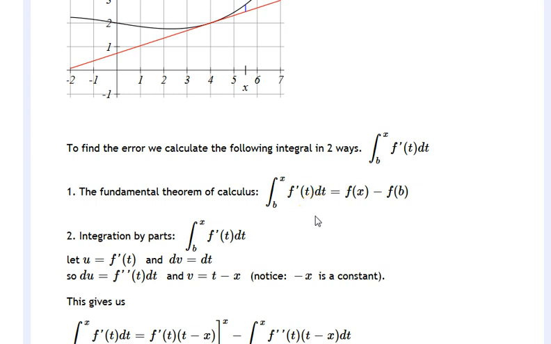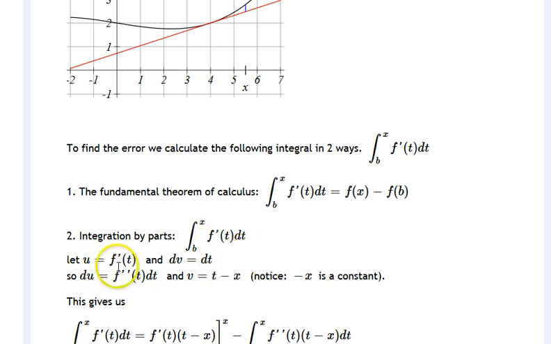Anyway, now I'm going to do that same integral again, but this time I'm going to do it by parts. And this is one thing I like about integration by parts: any integral you have, if you don't know how to do it, you have the option of taking the derivative of the function rather than integrating the function. So integration by parts, I start off with the integral of u times dv.